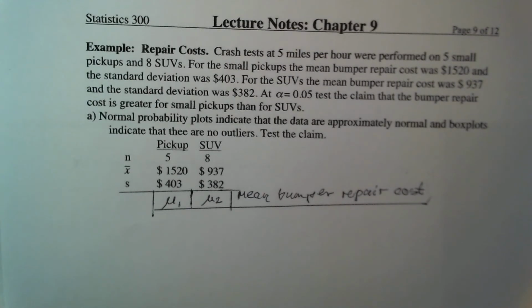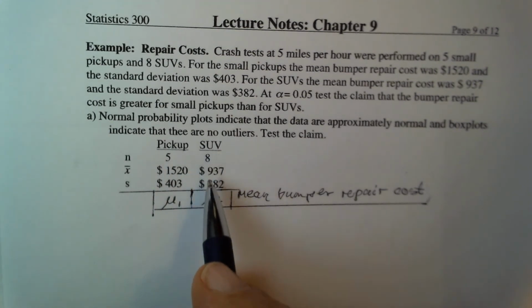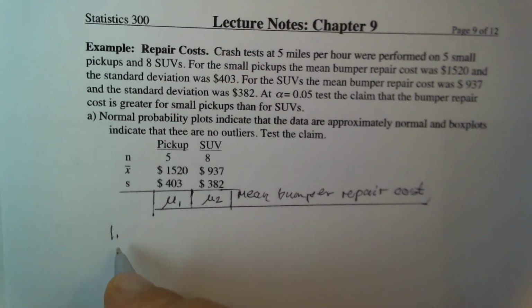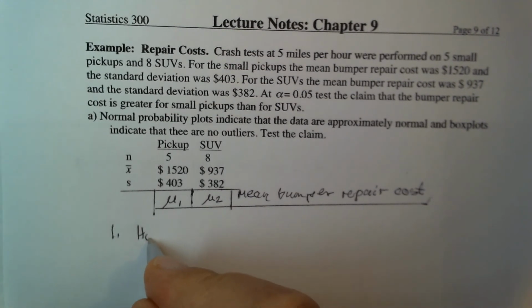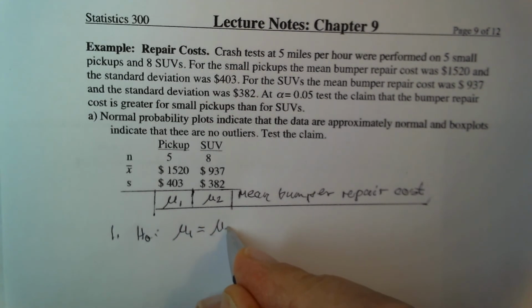I added to the given data mu sub 1 and mu sub 2 to indicate that that's the mean bumper repair cost for the pickup, mu sub 1, and for the SUVs would be mu sub 2. So now we're ready to write our hypothesis. And so our null hypothesis is mu sub 1 equals mu sub 2.